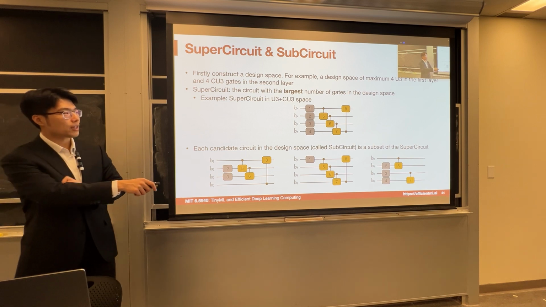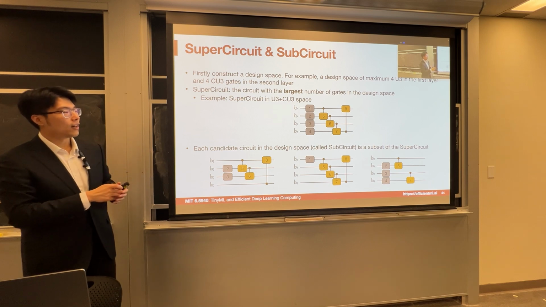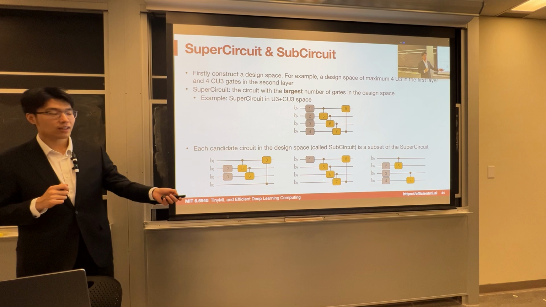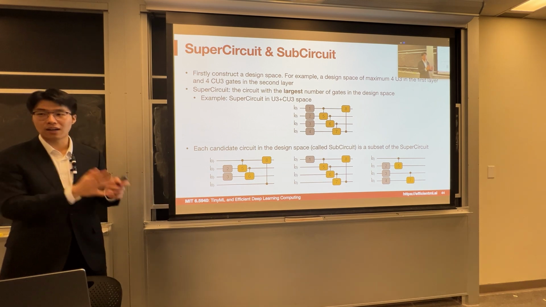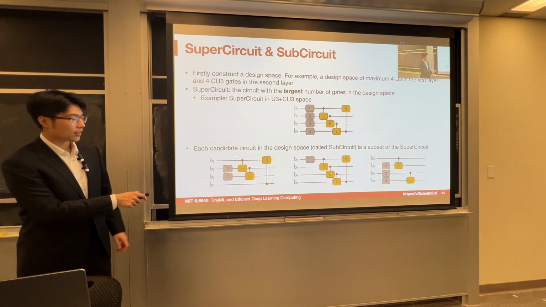For example, we can have this block for many layers, and then you can select an arbitrary subset from that design space. Maybe some of them are very good for the target device, and maybe others are not good. So our goal is to find the structure here.